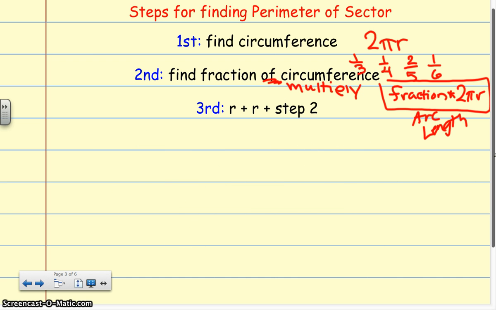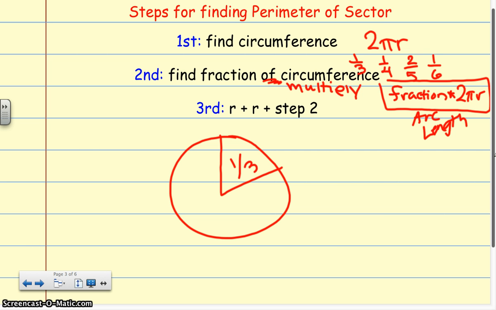Okay. And let's say I have this beautiful circle. And let's say I take up, we'll call it 1/3. I wouldn't write it like that.